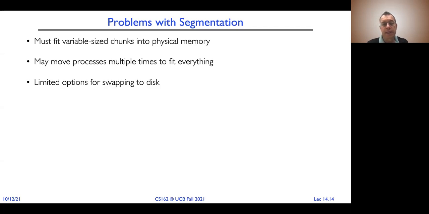If you remember the last lecture, we had an example in which you leave a lot of gaps, and you can get to a point in which you have many gaps in the physical memory, but none of the gaps is big enough to store a new segment, even though if you add up all the gaps, it's much more than what is needed by that segment, right?